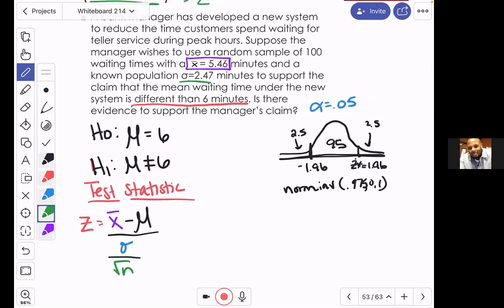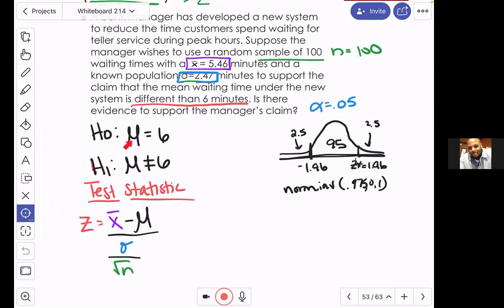So we come back and look at this. We need to identify a couple of things. We know X bar is that. We know sigma is this right here. Our sample size n is equal to 100. And the mean that we think it is, is 6.